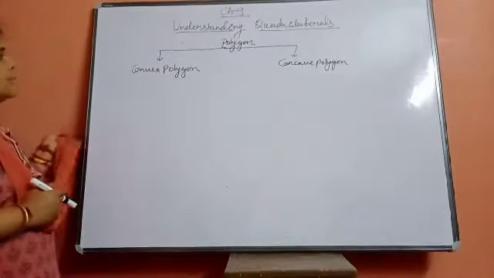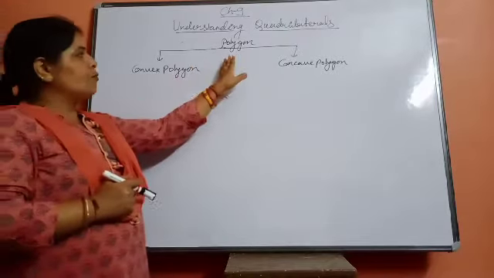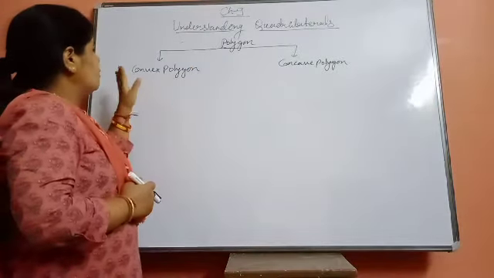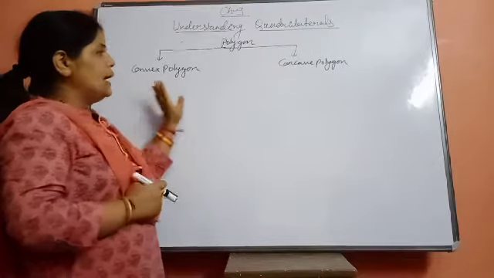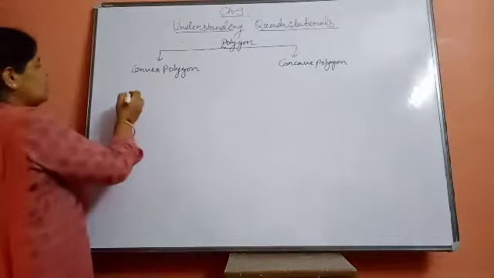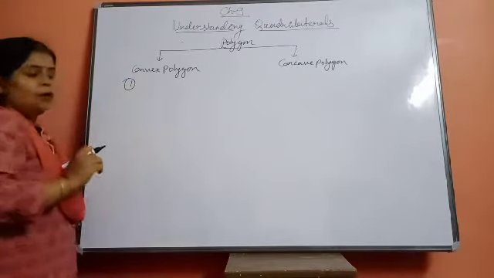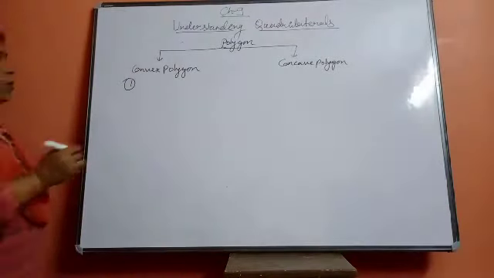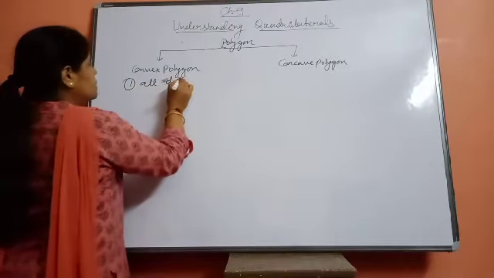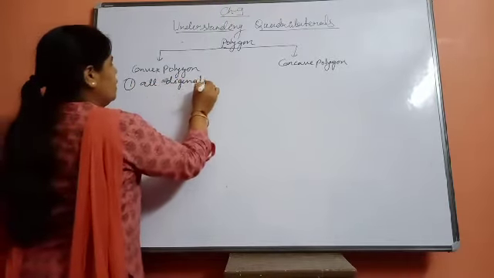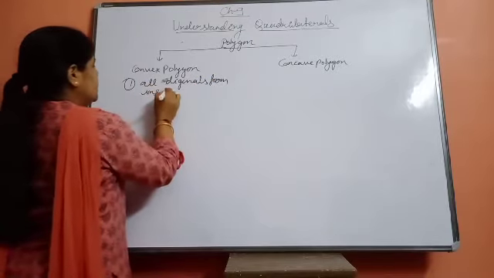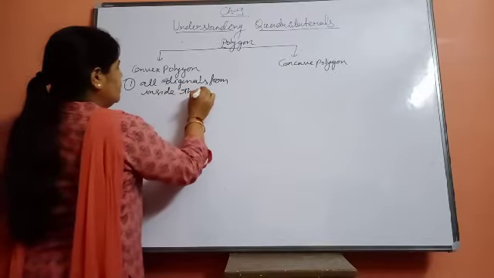Now see that, beta, here in one more category polygons can be classified. First one is convex polygon and second one is concave polygon. So what do we mean by convex polygon? In a convex polygon, okay, all diagonals form inside the figure.